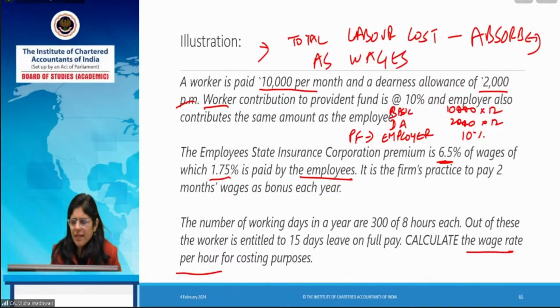Till the time I calculate the bonus. Firms practice paying 2 months wages as bonus. Whenever we talk about wages, it should always be basic and DA both. Clear? So calculate the wages part. How much bonus?